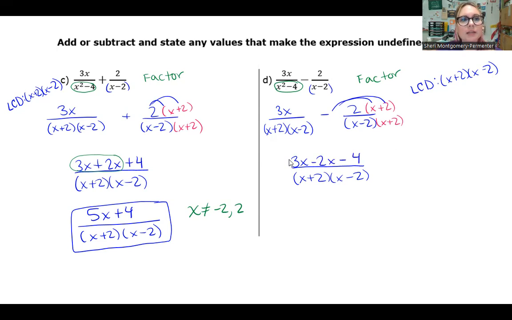So now when I combine like terms in the numerator, it's going to be a little different because it's 3 minus 2. So it just makes 1x minus 4. And the denominator stays the same. And I can identify my restricted values because I can't factor this numerator either.